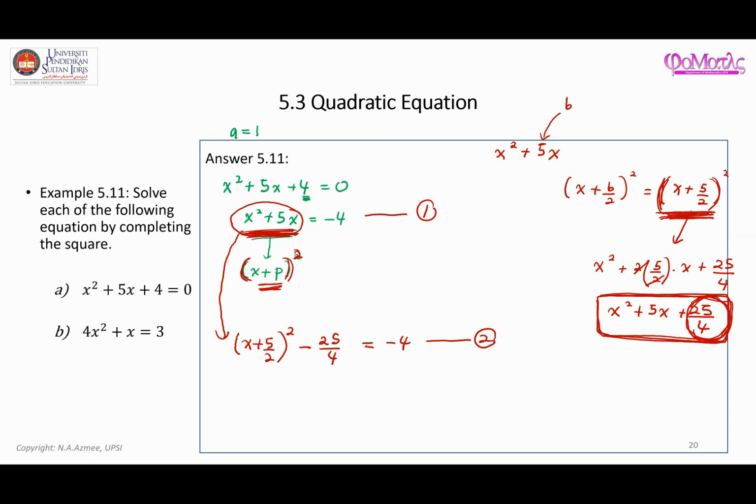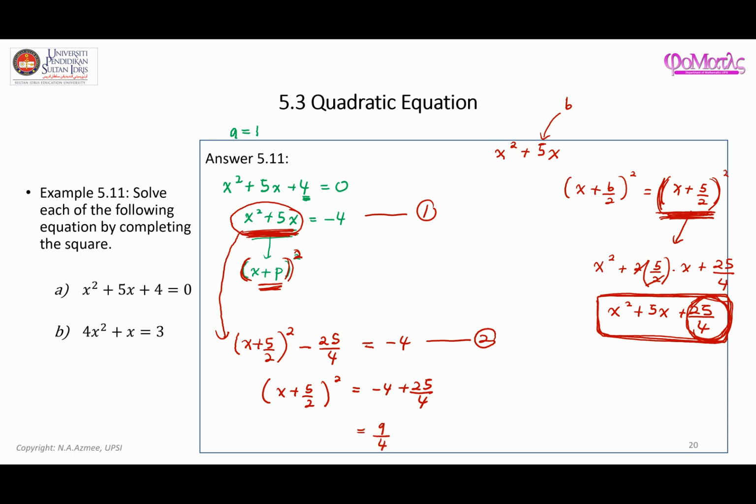So now that will become x plus 5 over 2 squared is equal to negative 4 plus 25 over 4. So next, negative 4 plus 25 over 4 is just 9 over 4.